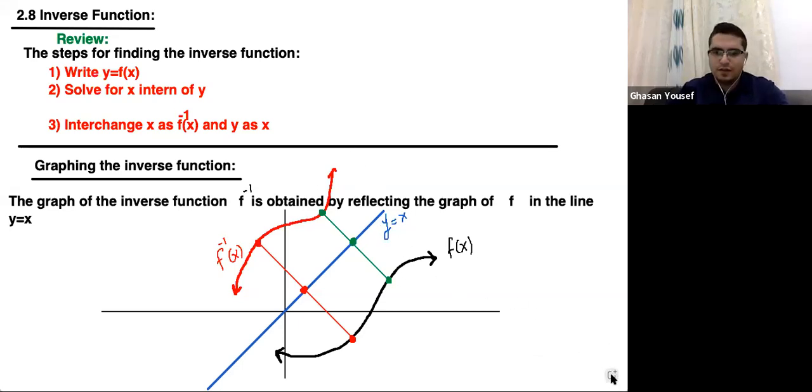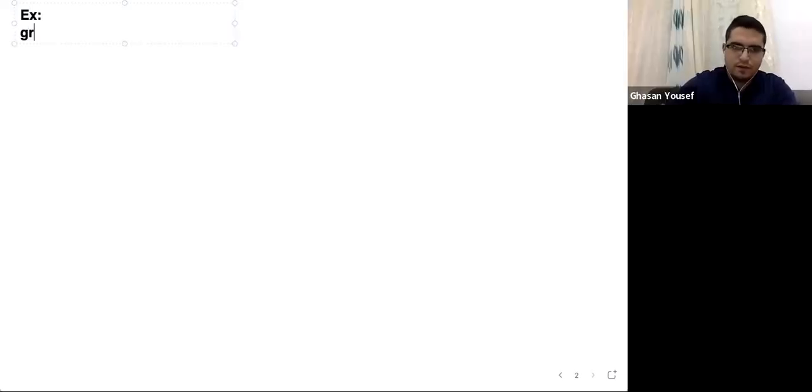Okay, so let me give an example for this. The example is: graph the function f of x equal the square root of x minus 2.